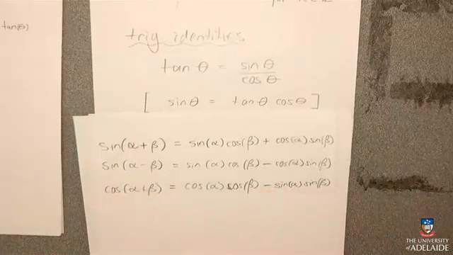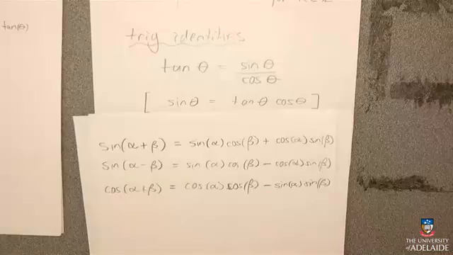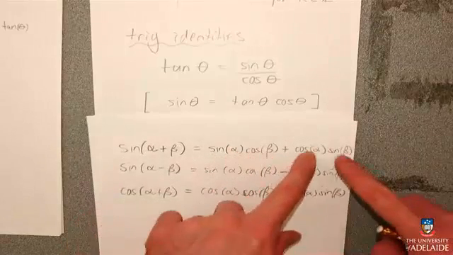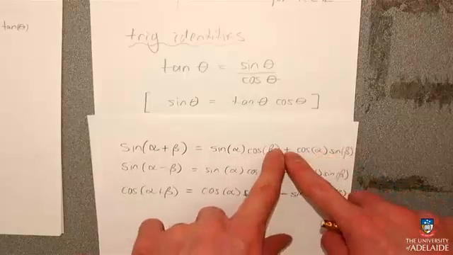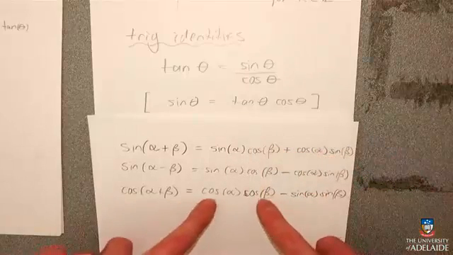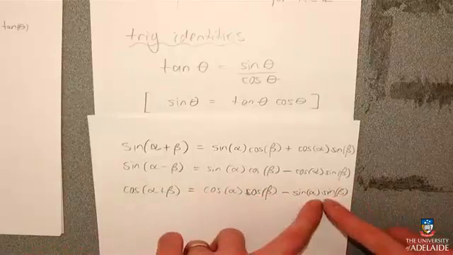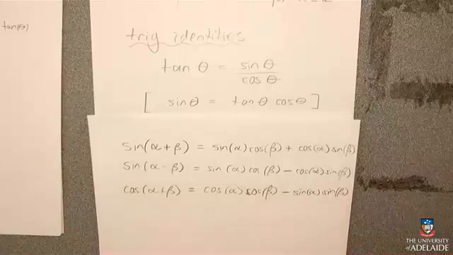It's the opposite of the way that sine works. Sine puts the sines and coses together, and has a plus. Cos puts the coses with each other, it separates the sines and coses. It has the coses together and the sines together, and it has a minus. So they do the opposite of each other, and that's how I used to remember it.